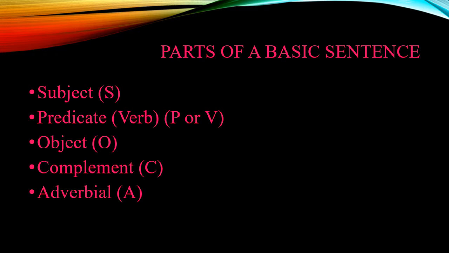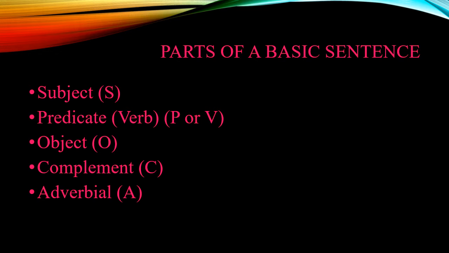Now, intransitive verbs do not need a direct object and can stand alone. And transitive verbs pass their action to a noun called the direct object. And the predicate or the verb in a basic sentence is expressed by P or V.